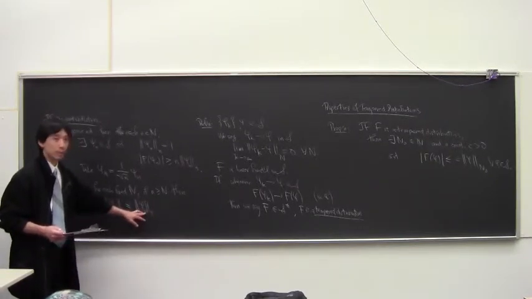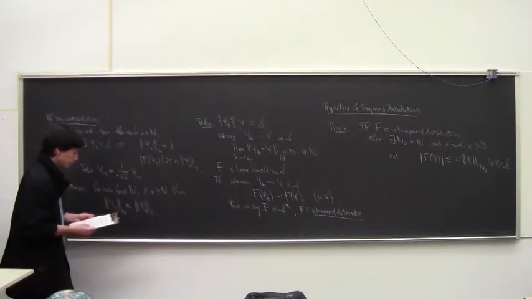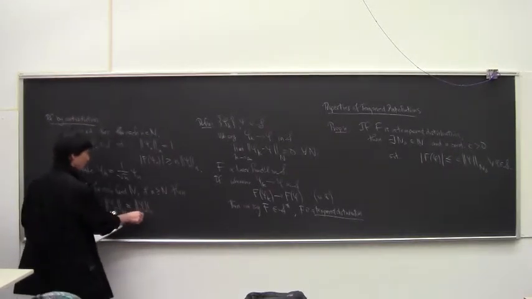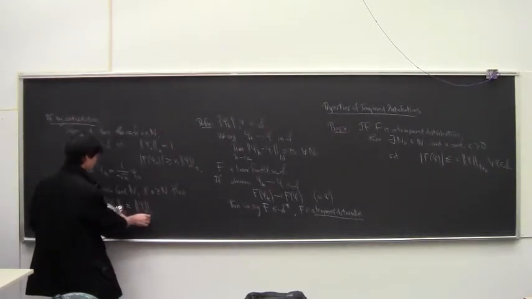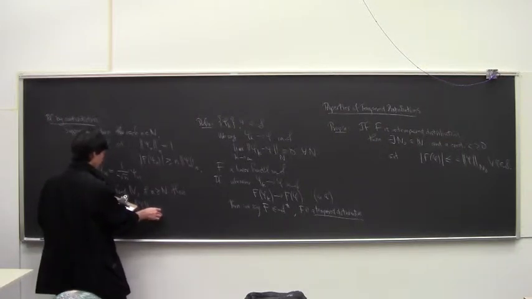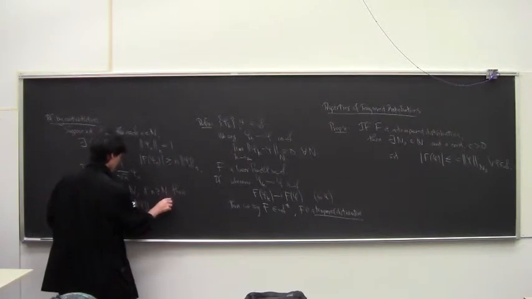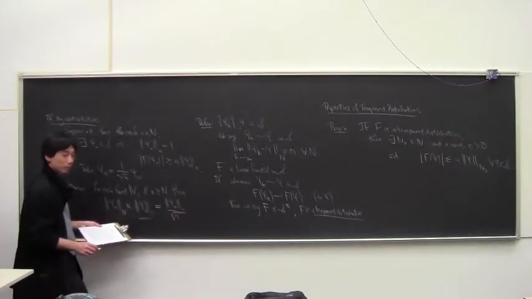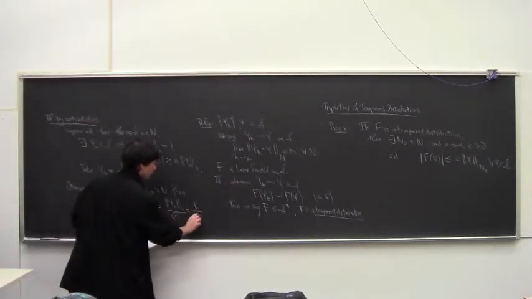And so it's just going to get bigger. But what's this? This is the norm of phi sub n, which is 1 over root n.